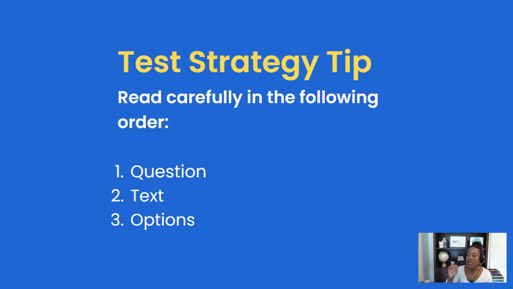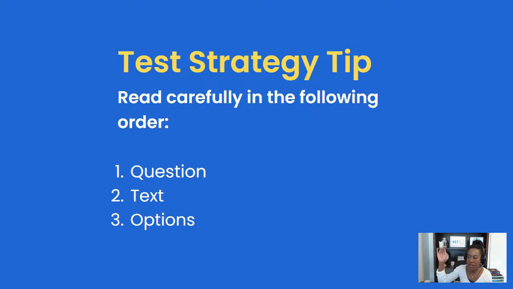First, read the question, then read the relevant part of the text, and only then go to the options and read those carefully. If you do this, it will be the most effective way of finding the answer, and I would highly recommend that you use this strategy.